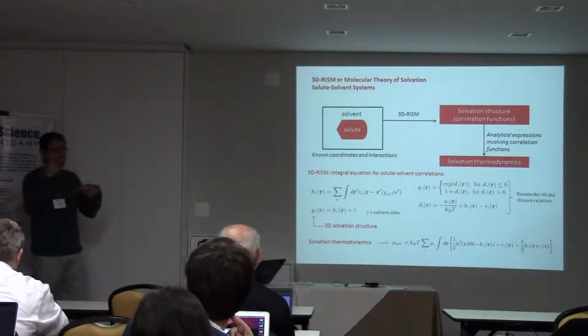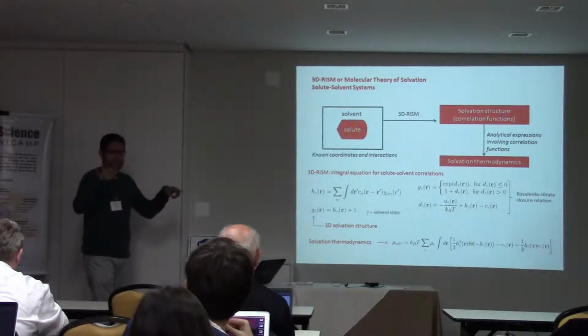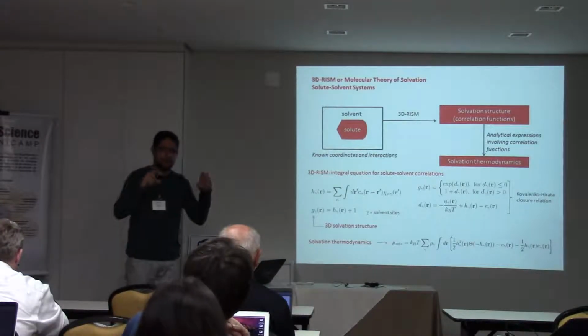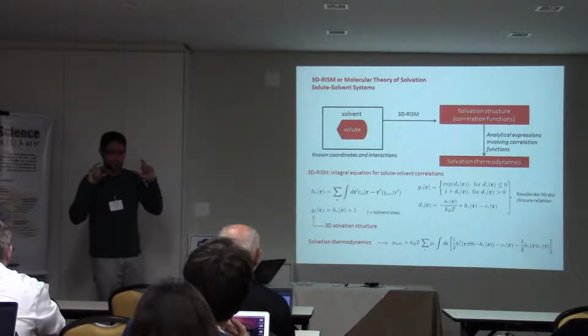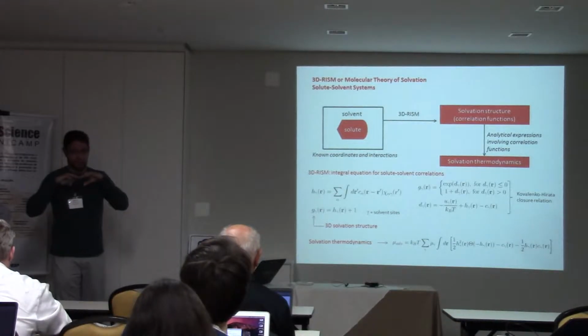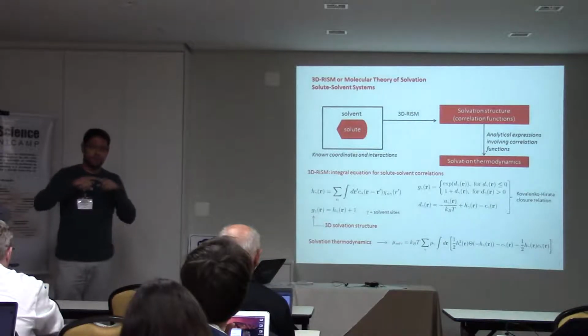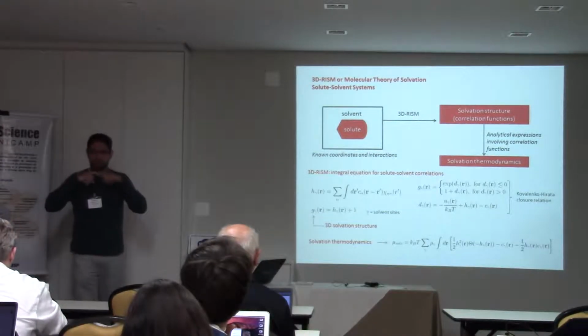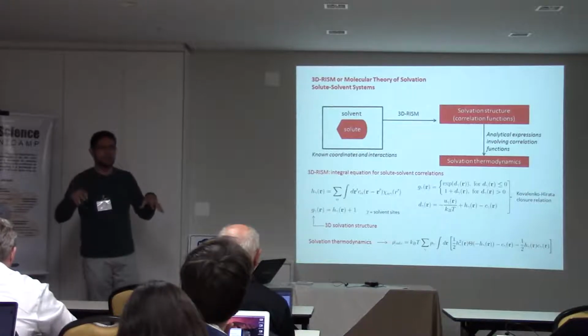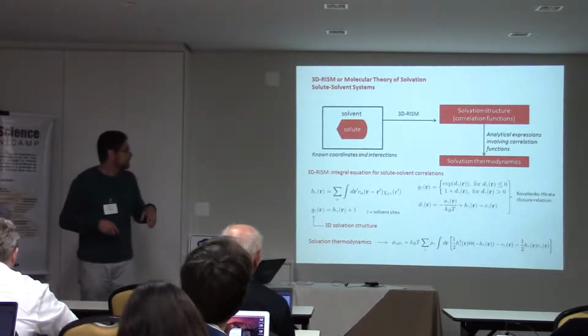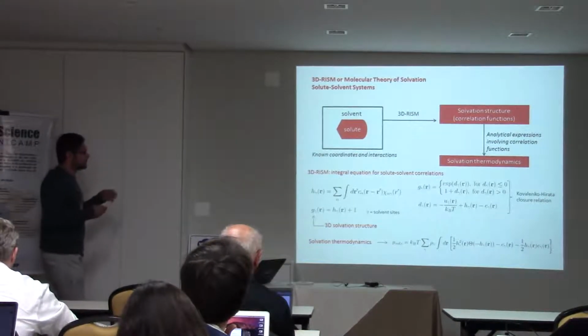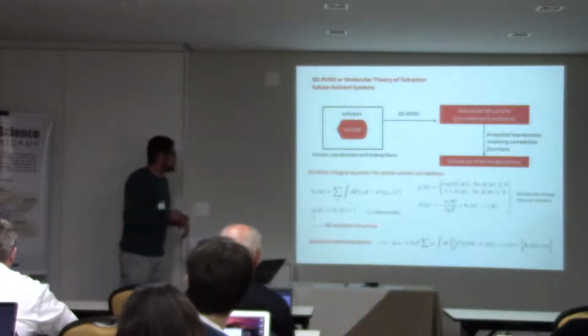So instead of a homogeneous monatomic fluid, we have a solute immersed in the solvent, with correlations between the solute and the solvent, and we get the local densities of the solvent around the solute.